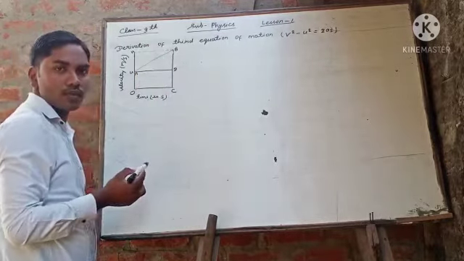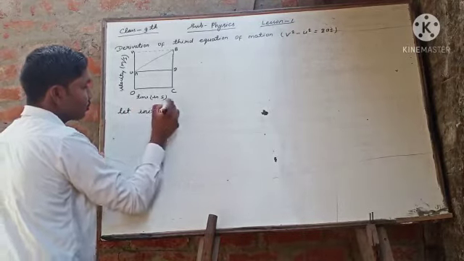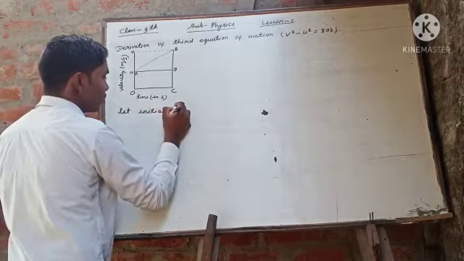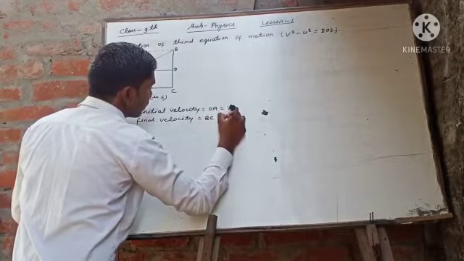So let the initial velocity OA be equal to u. The final velocity will be BC, and this is v.